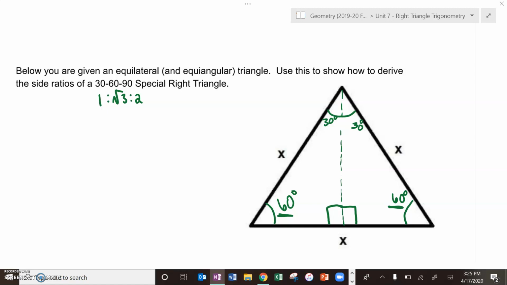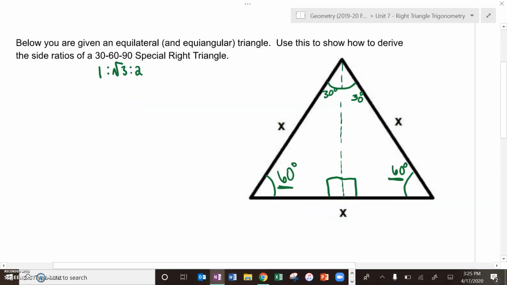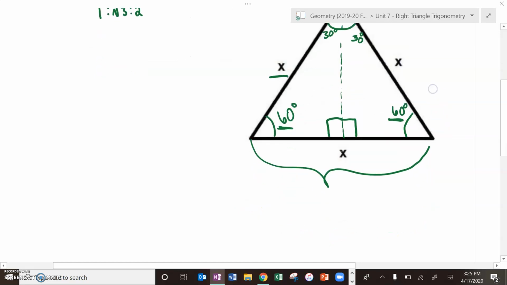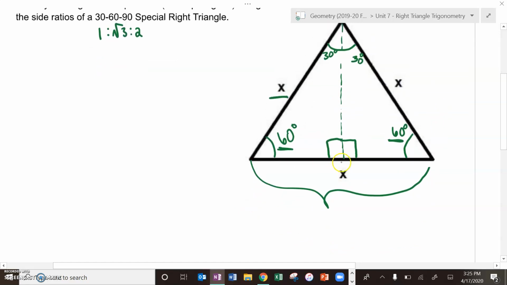So we're trying to solve for the side ratios. So we know that the hypotenuse side right here is x. And we know that this whole thing is x, the bottom side, but we split this in half, and the altitude splits this side in half.